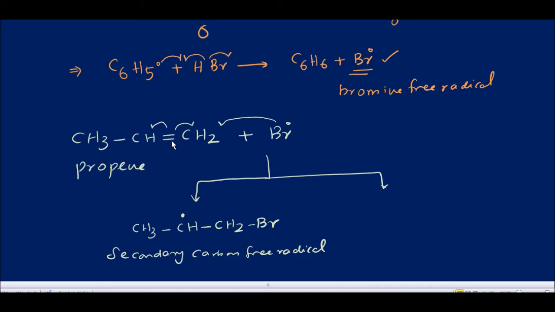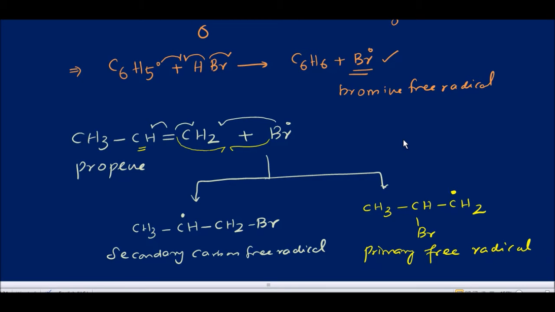When the bond is formed, consider this is the pi bond, it is homolytically cleaved, and there will be attachment between these two. So this carbon is involved in the bonding, and you can have CH3, CH, Br, and CH2. This is carrying the electron. This is said to be the primary carbon free radical.